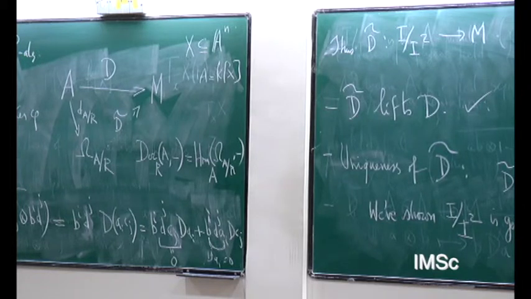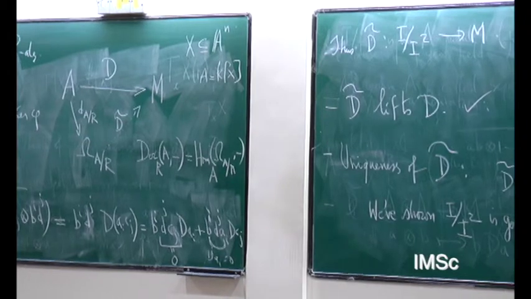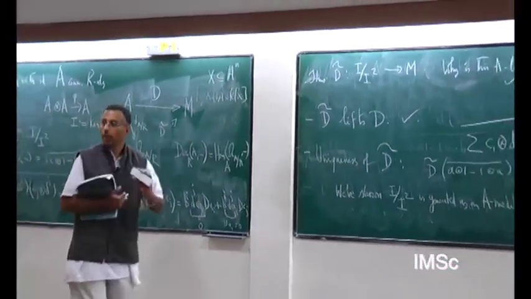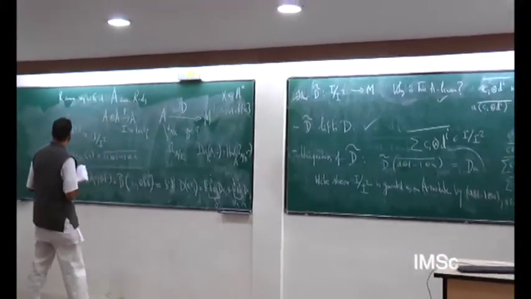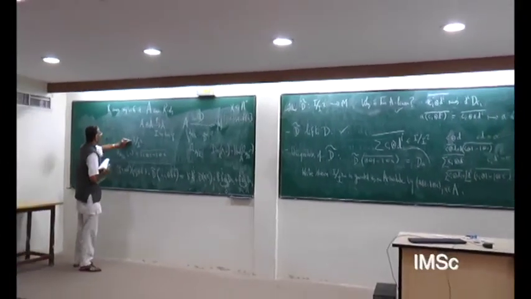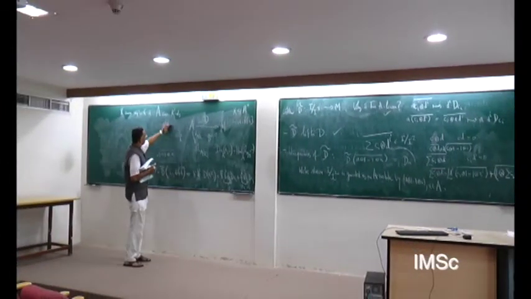Now, if you go modulo the relations, then you are getting the cotangent bundle of X. Okay. Is that clear? Okay. So that will do. Now, let's go on to the next section.